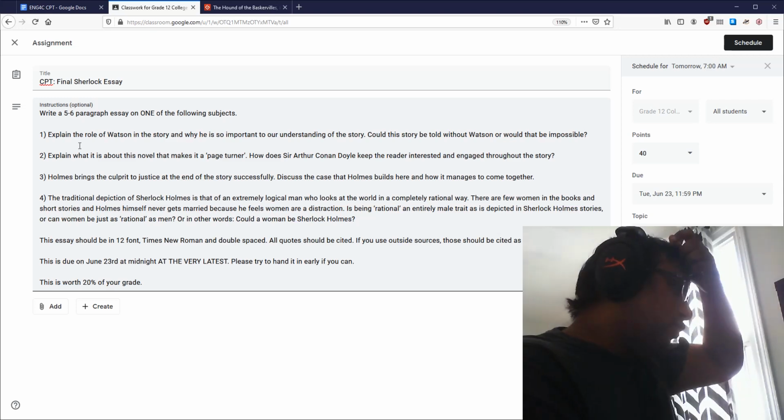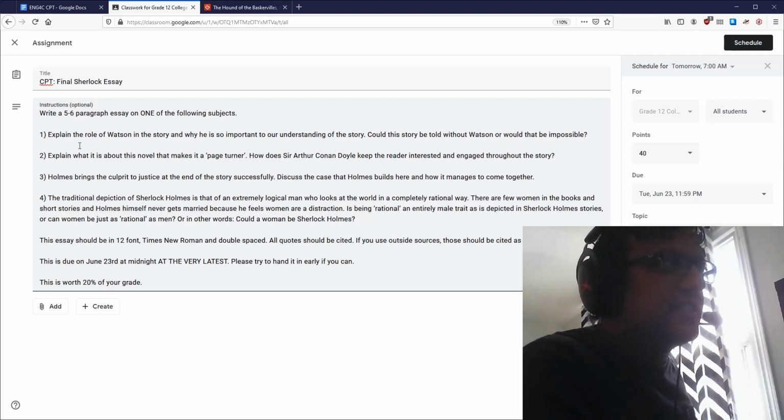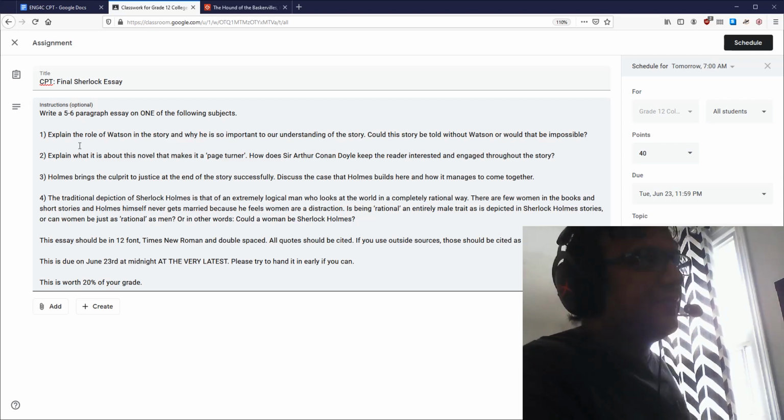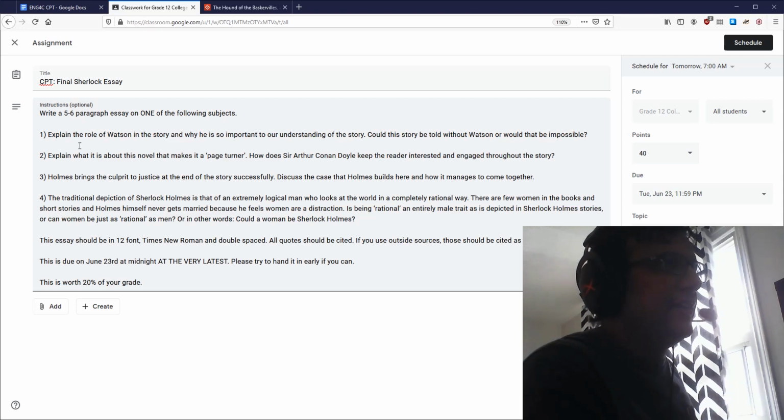Watson essentially plays the role of the investigator for a good chunk of this, for Sherlock Holmes isn't even there for half of the story. So if you're a fan of Watson and want to talk about Watson, then that's your question.